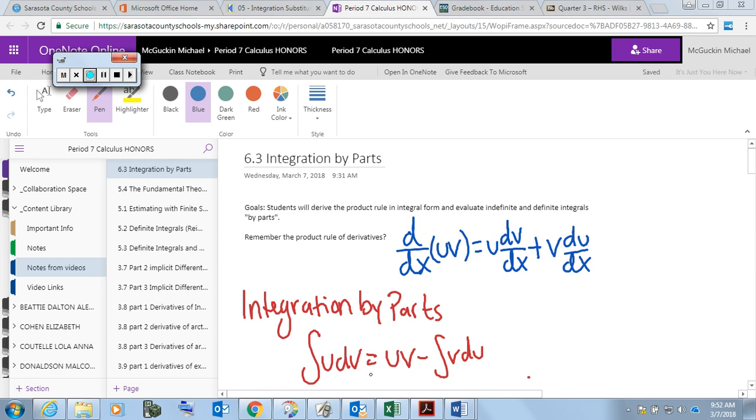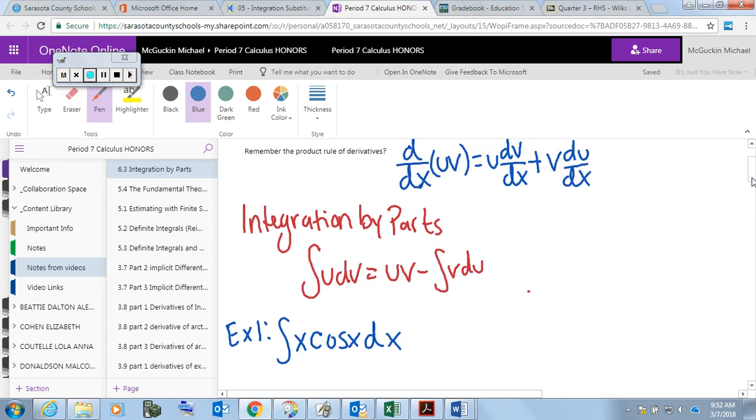Also, you can go to Khan Academy's YouTube page and find a great proof of how to integrate the product rule to end up with your integration by parts formula. But for our purposes, we are really focused on just the evaluation of integrals using our by parts formula, and that is what we see down here in red.